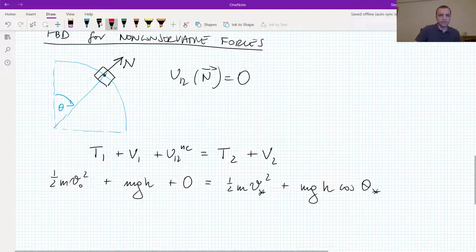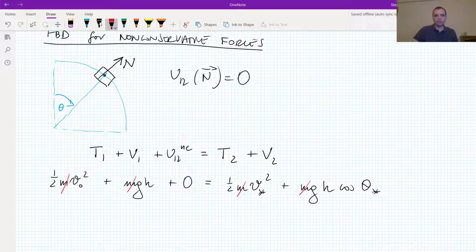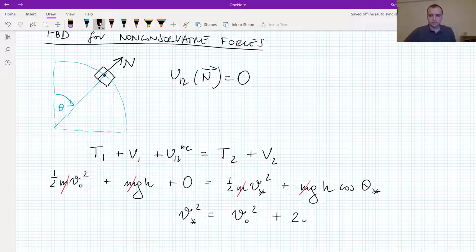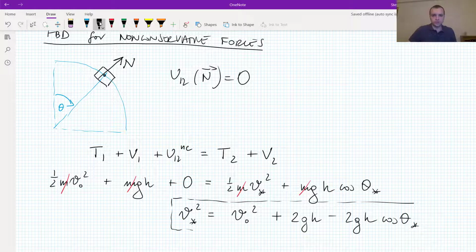Okay, the m's cancel out, and we can find the expression for v star. V star squared is equal to v0 squared plus 2gh minus 2gh cosine theta star. So this is our expression for v star squared.